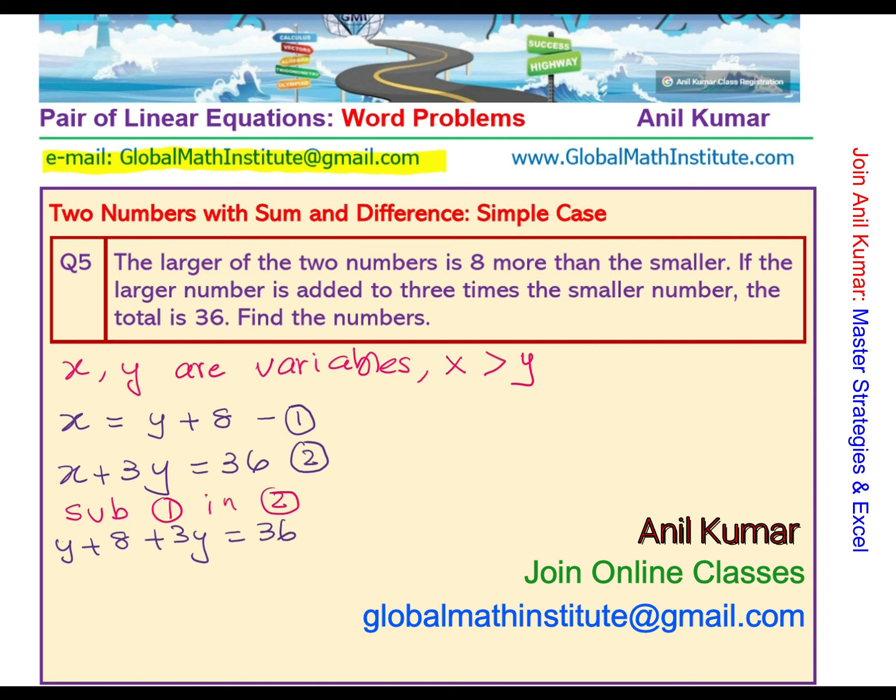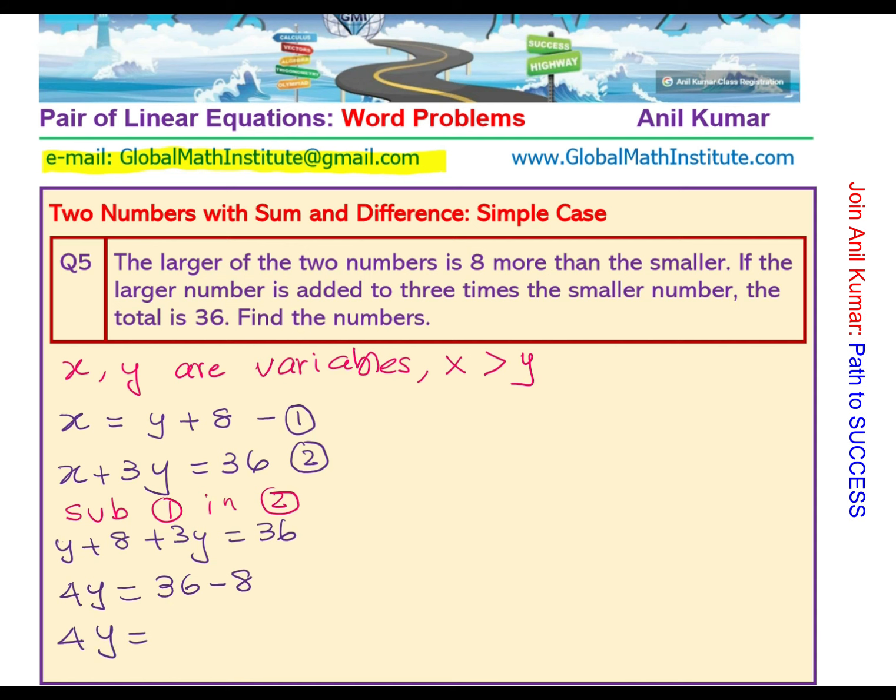Now, y plus 3y is 4y. We'll take 8 to the other side, constant. And so we get 4y equals 36 minus 8, which is 28. Dividing 28 by 4, we get the value of y, which is 7.